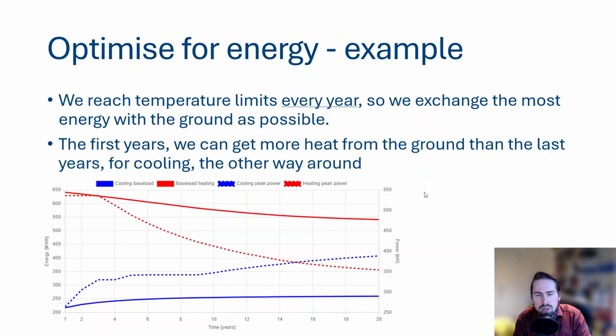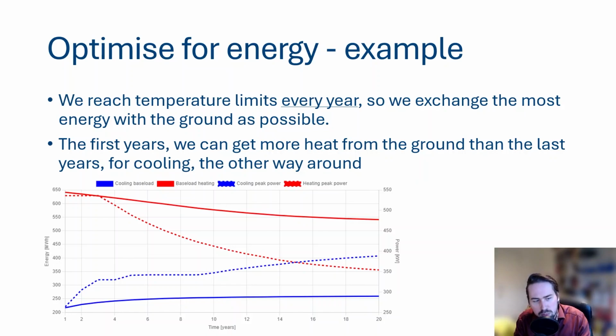And this gives us an important difference between the optimization for power and the optimization for energy, because since we have installed an amount of power that we cannot use in every year of the simulation, the energy we extract or exchange with the ground differs year after year.